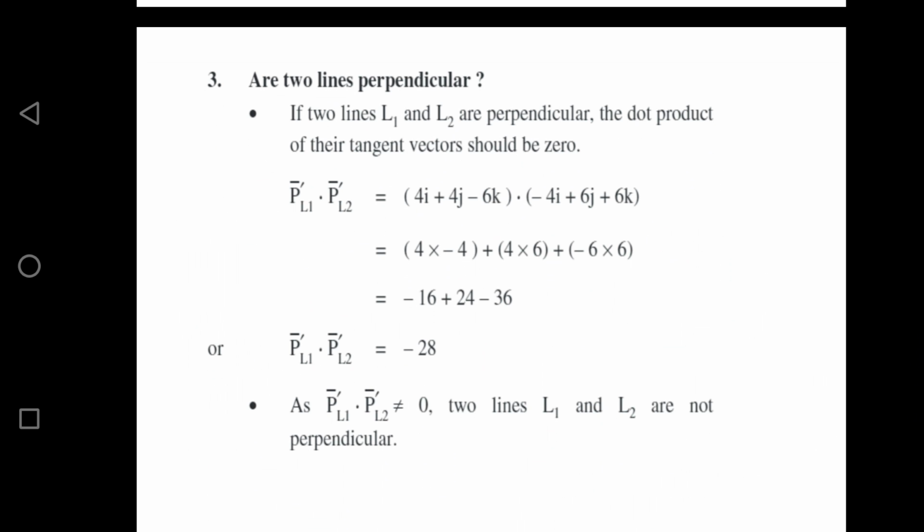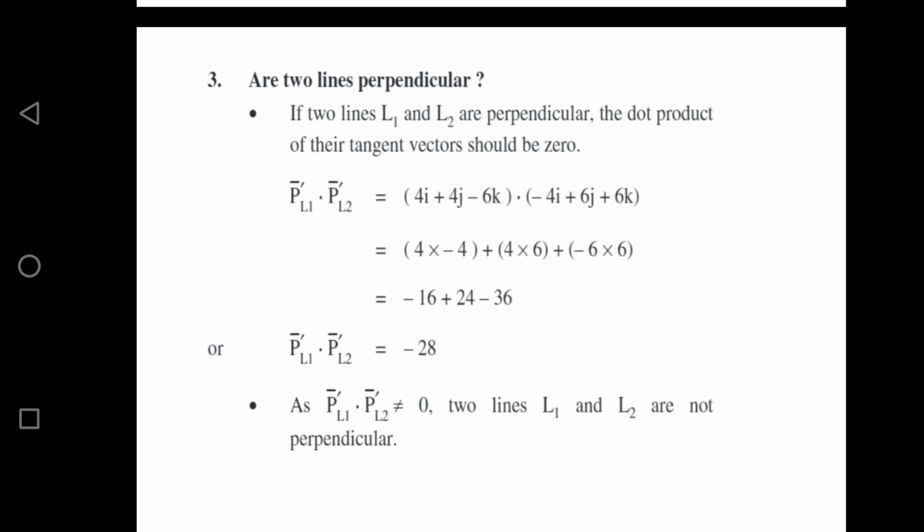So let me write down the tangent vector of line L1, which is 4i plus 4j minus 6k, dot product with PL2 bar dash, that is minus 4i plus 6j plus 6k. So we just multiply the values and add them: 4 into minus 4 plus 4 into 6 plus minus 6 into 6, which gives you the value of minus 28.